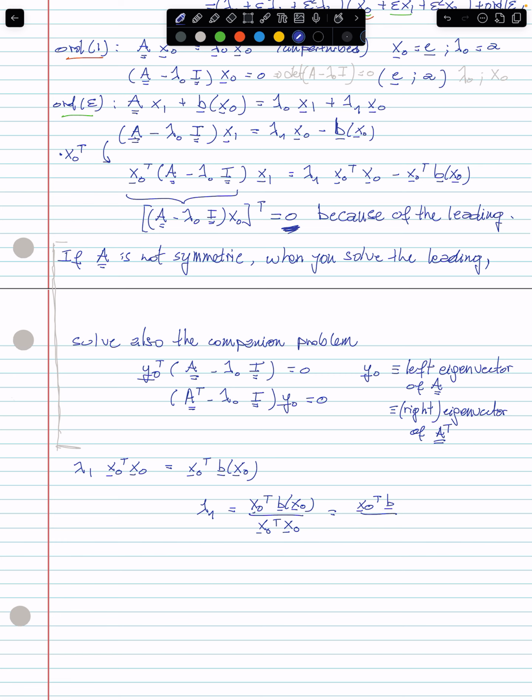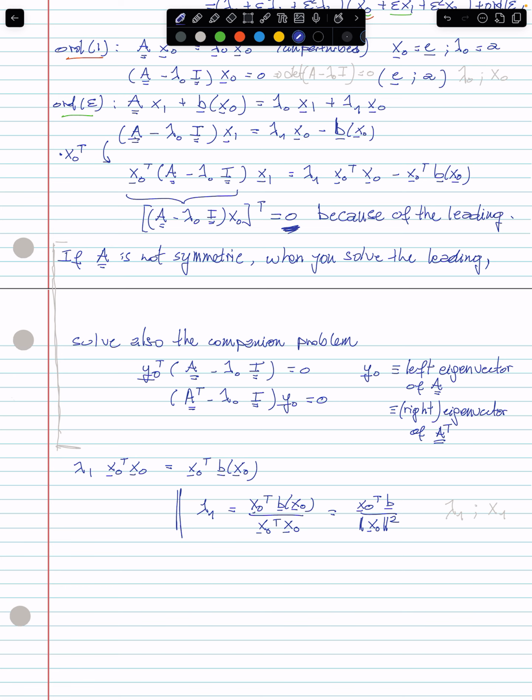I can shorten a little bit the numerator and put it like this. Okay, once this is done, and again, I would say this is the standard approach, first we compute lambda 1, and then once we have lambda 1, we need to compute the corresponding eigenvector, or in this case, the correction to the eigenvector.